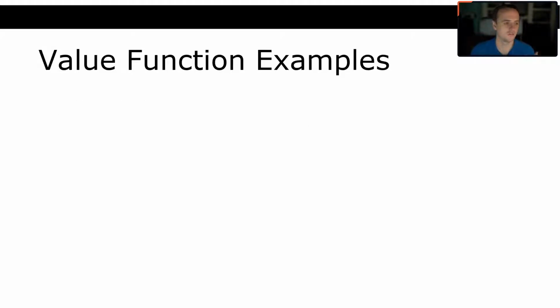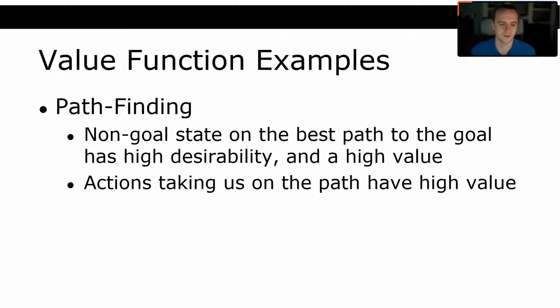Here are some value function examples. Let's say we're doing pathfinding again. A non-goal state on the best path to the goal would have a high desirability and a high value, because actions taking us along that path have a higher value.